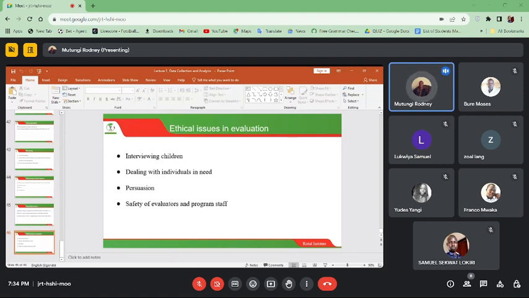Then the safety of evaluators can also be an ethical issue, because sometimes they can face the primitivity of the target population, whereby we've had people being lynched. Some of them end up with injuries because of not explaining themselves to the target community. So all those are ethical issues in evaluation.